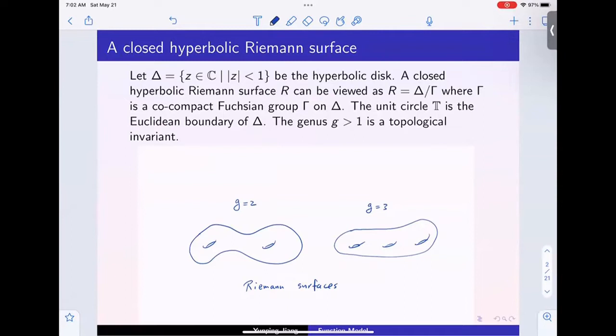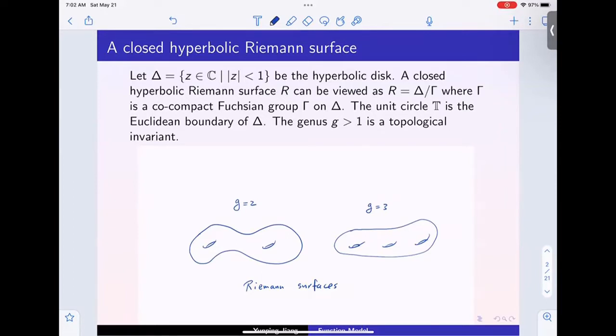If you consider it as a Euclidean disk, then the boundary is the unit circle. For a Riemann surface, we have something called the genus, which is a topological invariant. That means two closed hyperbolic surfaces are topologically equivalent if and only if they have the same genus.